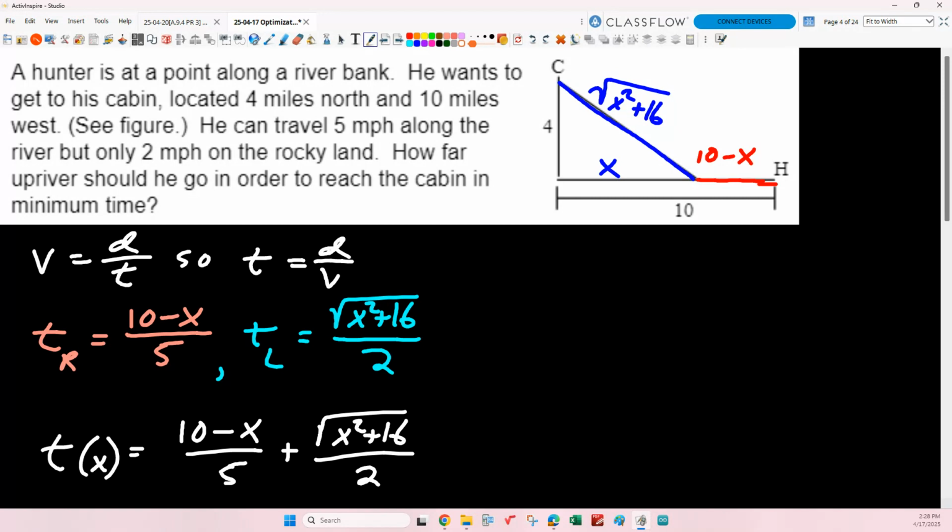That's not going to be it, but that would be if he walked all the way over 10 miles, so he's making the shortest possible distance across the land. But it's a pretty long total distance, right? So 0 to 10. Yeah, and then the smallest value of x would be if he took off immediately. So it's just going from 0 to 10. Everybody agree?